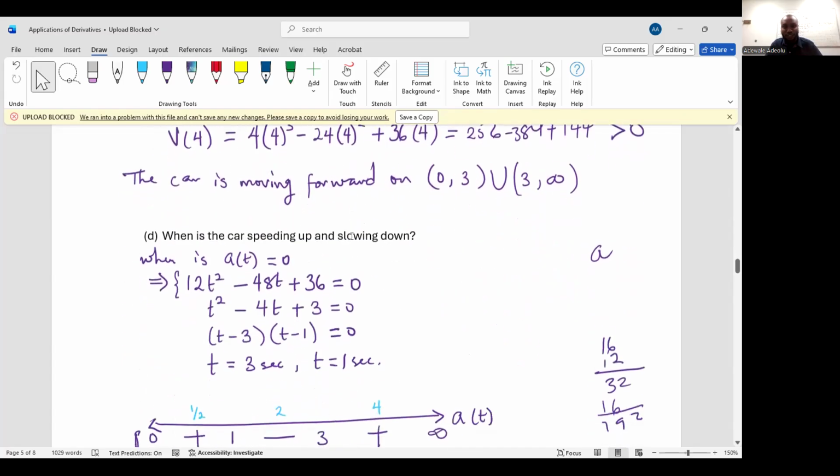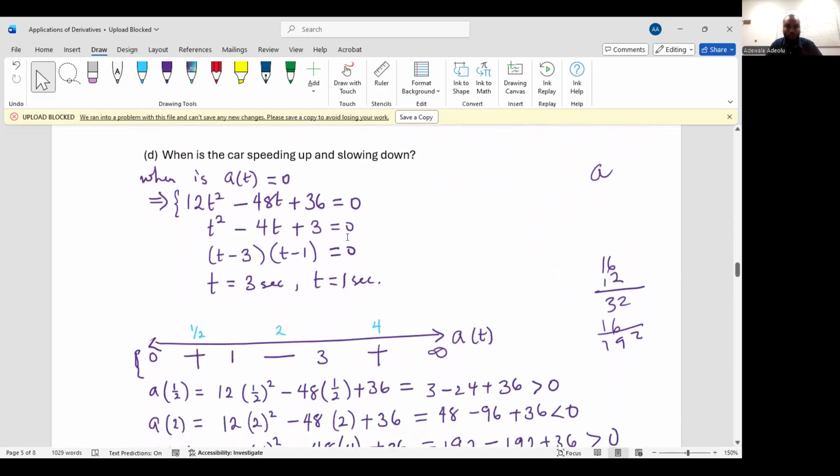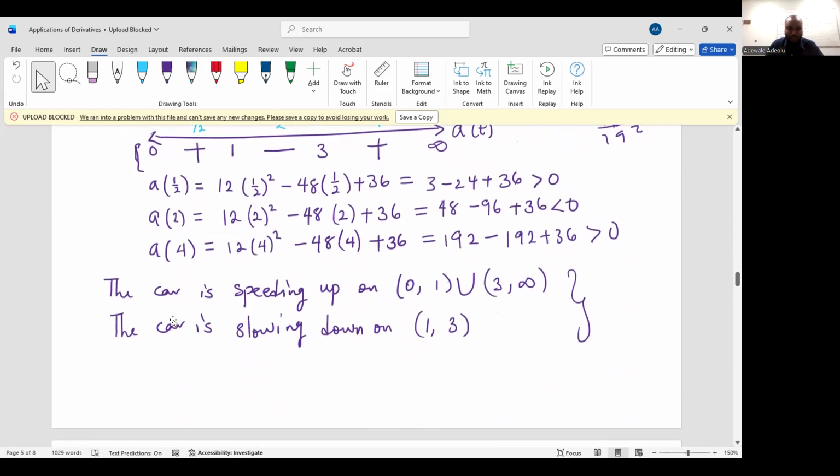But we know that some things happen in between. So you can add, from 0 to 1 second, we have a story here. The car is speeding up from 0 to 1 and slowing down from 1 to 3 seconds, and now speeding up from 3 and above.